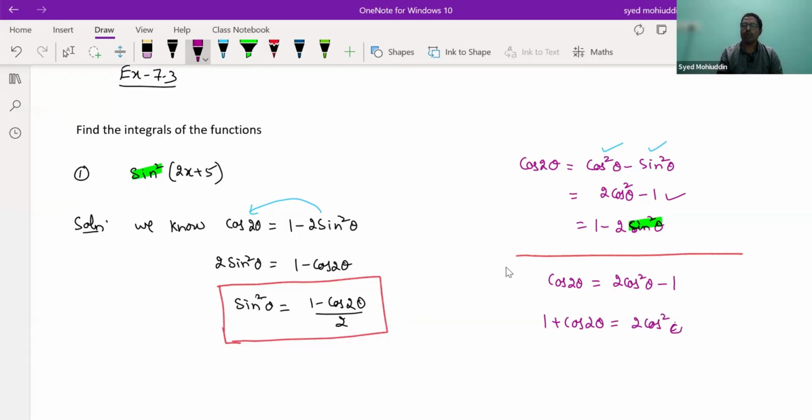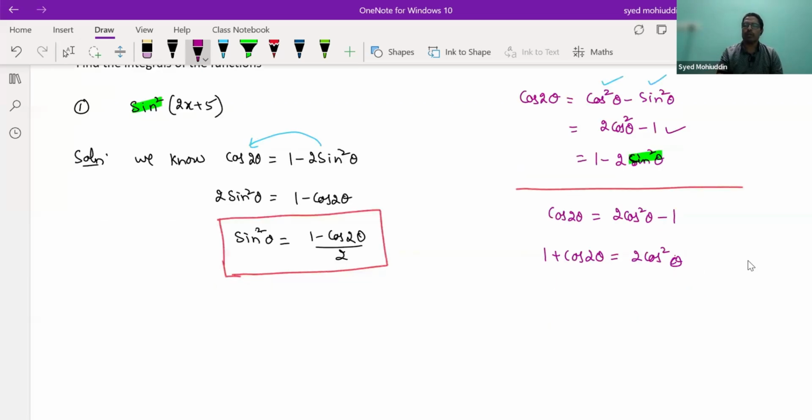Since I want only cos square theta, move the 2 to the other side: 1 plus cos 2 theta divided by 2 equals cos square of theta. Hence I have another formula: cos square of theta equals (1 plus cos 2 theta) divided by 2.